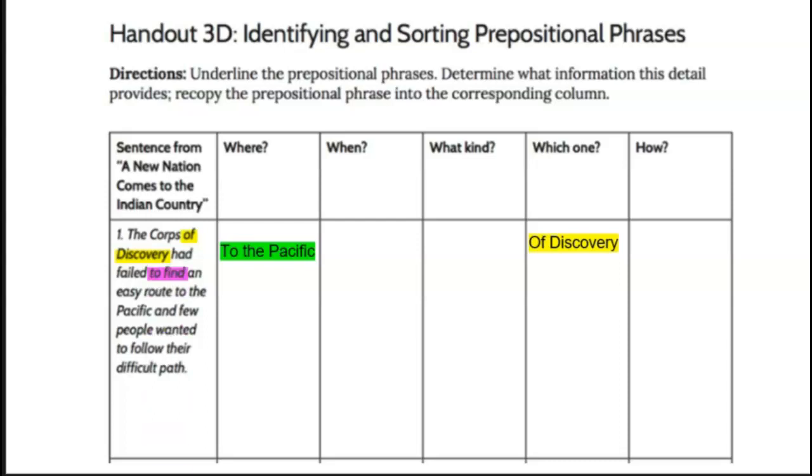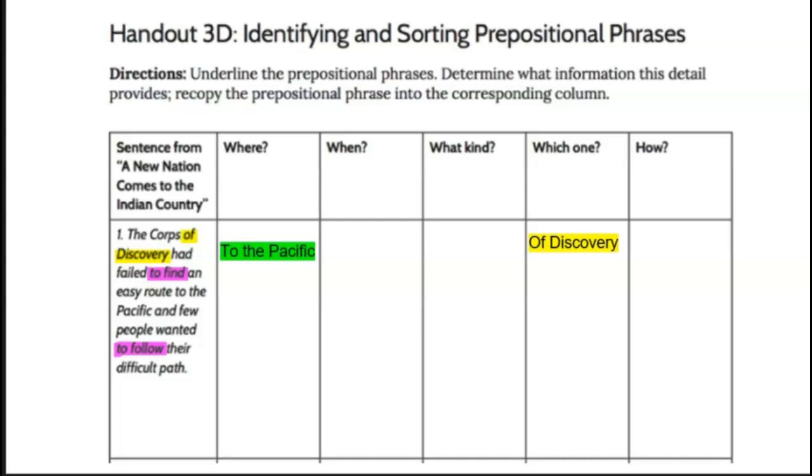I want you to notice also that there is this phrase, to find. The Corps of Discovery had failed to find. Find is a verb. So to find is not a prepositional phrase. Then we have to follow a little bit farther down. Few people wanted to follow their difficult path. To follow is a preposition followed by a verb.